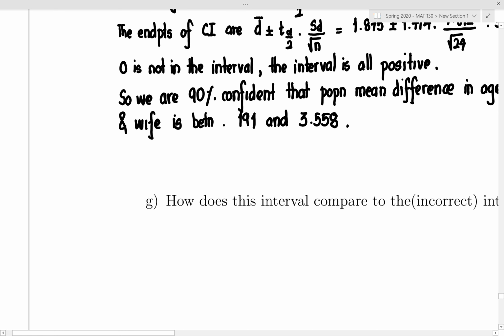Right, so that's what it's saying. We're 90% confident that the population mean difference in ages, so the husband is between 0.19 and 3.56 years older than the wife.